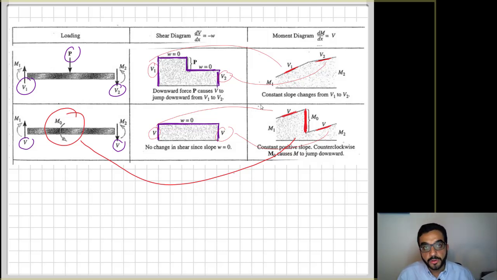But we know now that there are two relationships that relate the shear and moment diagram. There is the derivative relationship that gives us an idea how the slope of the shear and moment will look like. And then there is the integration relation, which will help us calculate the difference in shear and moment between different points in the beam.